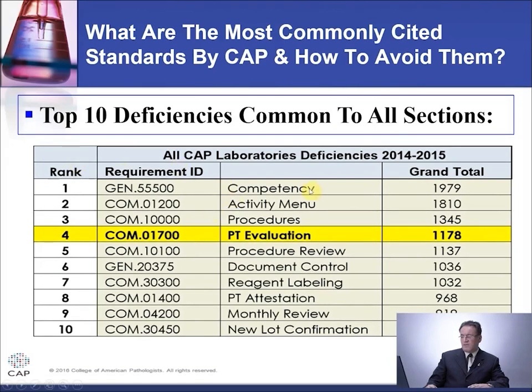This is from the 2014 inspections that was published in 2016, and we're going to start with the first one, the number 1 citation, which is competency. It was cited in 1,979 labs, and the competency requirement is found in LAB GEN 55500. That's the requirement ID for it.